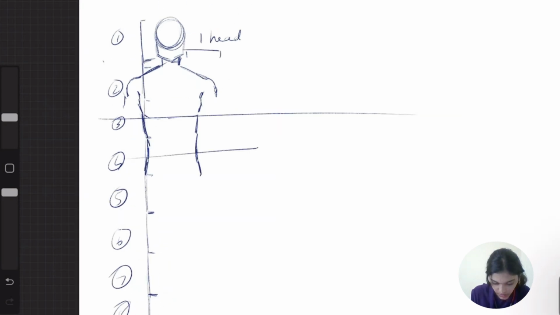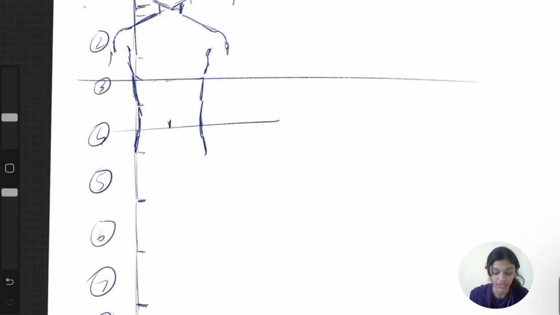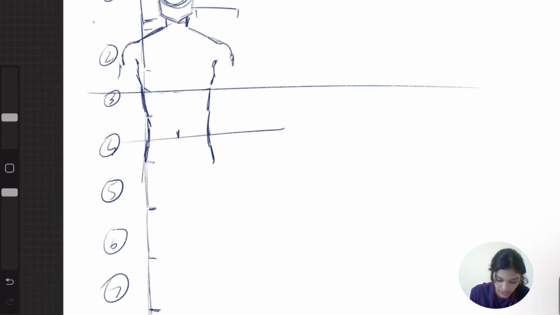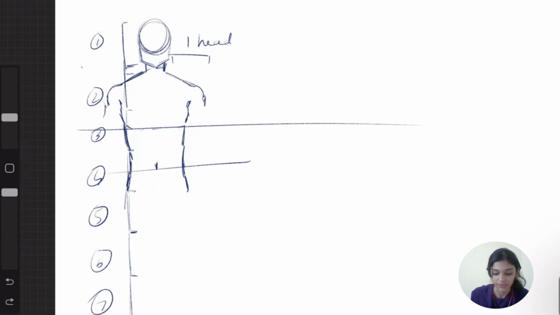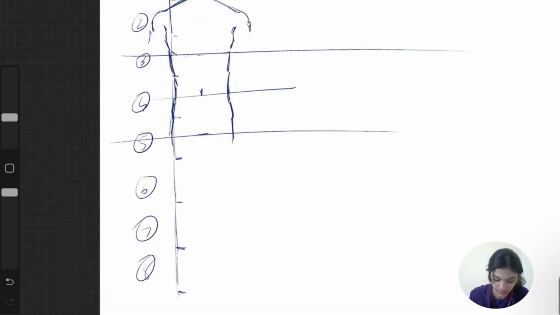And the belly button is almost at the center of the 4th head. I've seen some people give a lot of hip to the male. Generally they have broader shoulders and narrow hips, so keep that in mind. And their crotch is at the center of the 5th head.